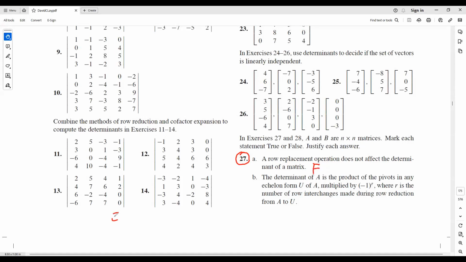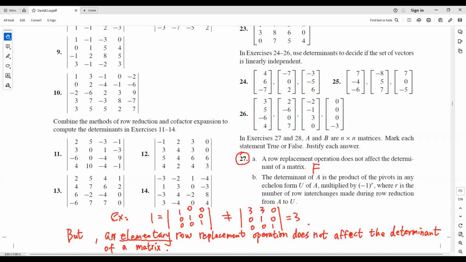False. For example, the identity matrix. If the first row was replaced by 3, 3, 0, then the determinant of this one equals 3, not 1. But an elementary row replacement operation does not affect the determinant of a matrix.